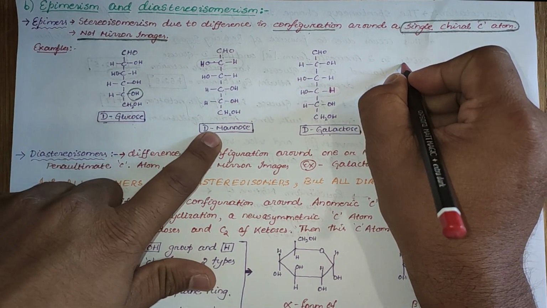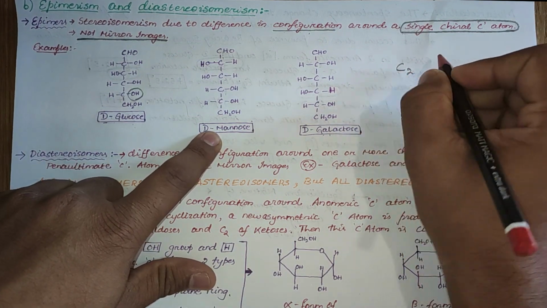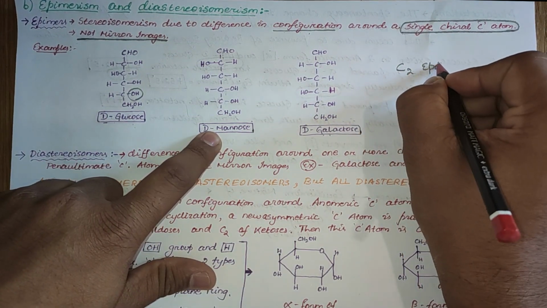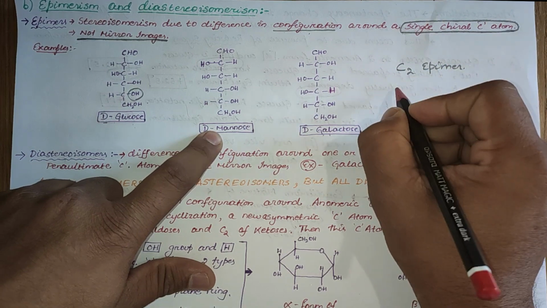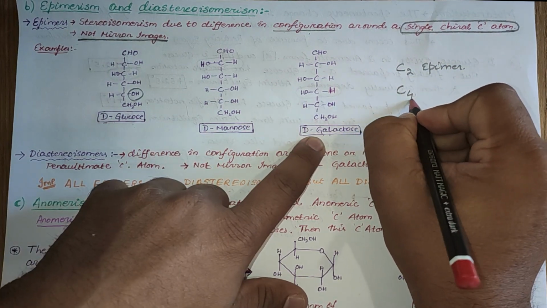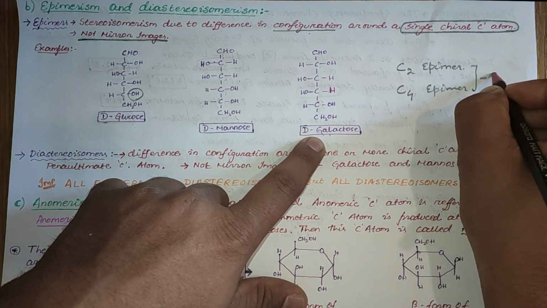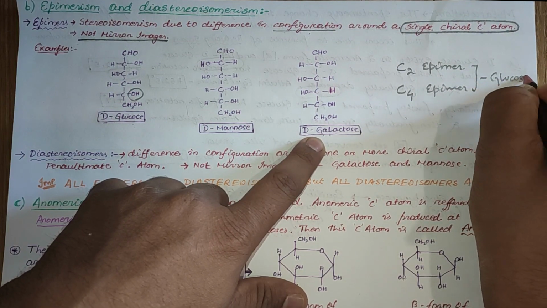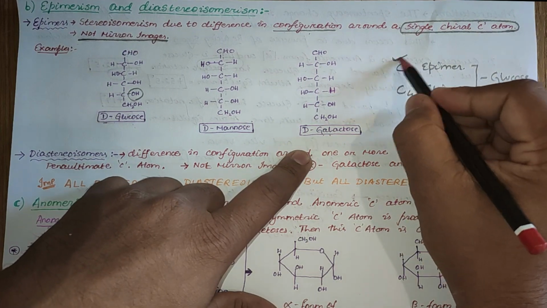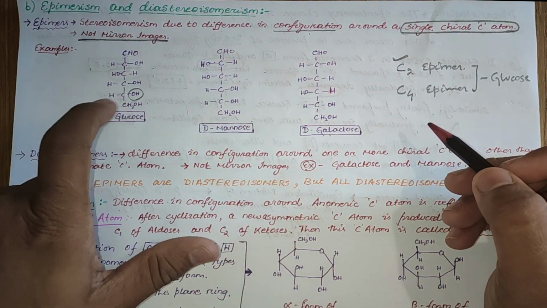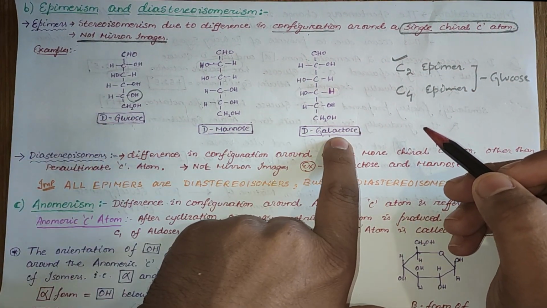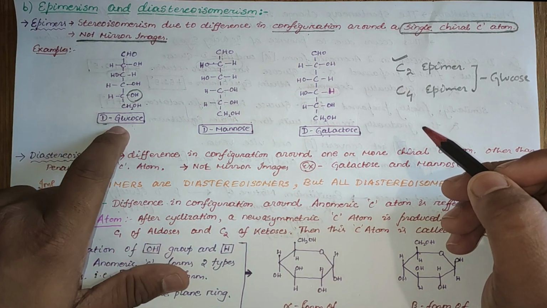Listen, D-mannose is the C2 epimer and D-galactose is the C4 epimer of glucose. Just remember this, and by this you can remember the total structure of glucose, mannose and galactose. How? D-glucose, you know the structure.